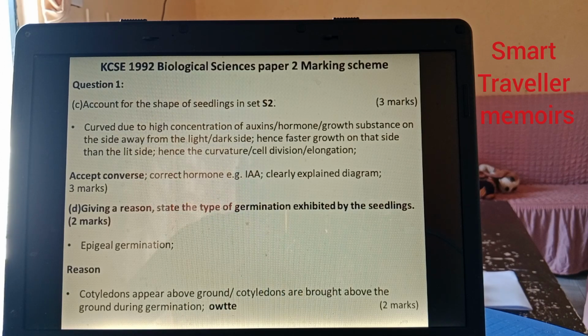Accept the converse. Correct hormone, e.g. IAA. Clearly explain the diagram. If they decide to draw the diagram, they should explain.